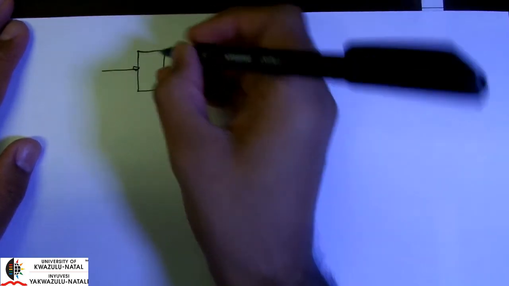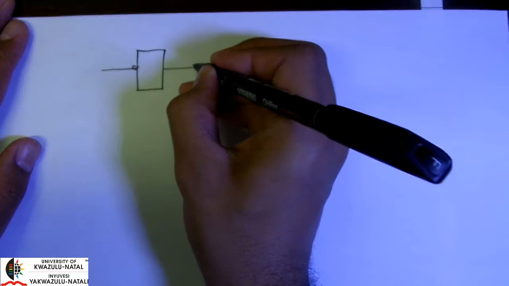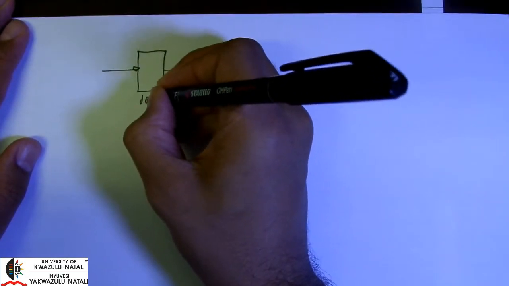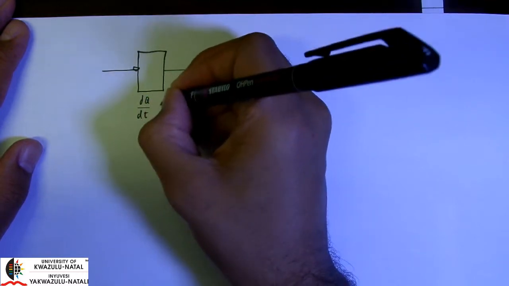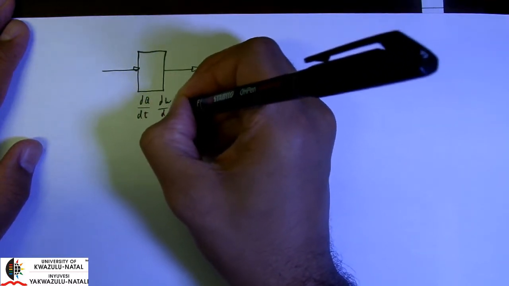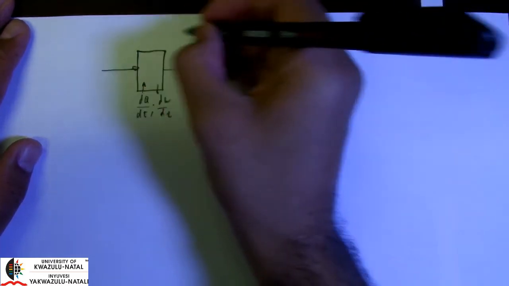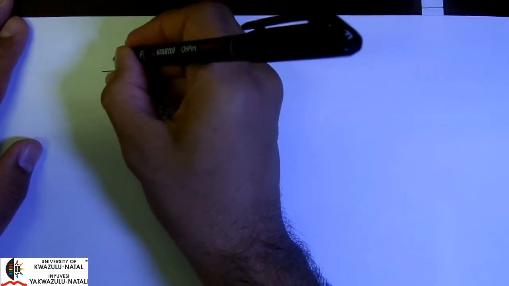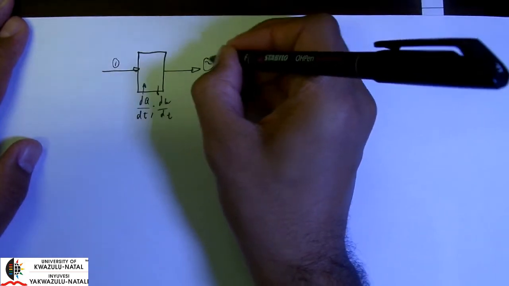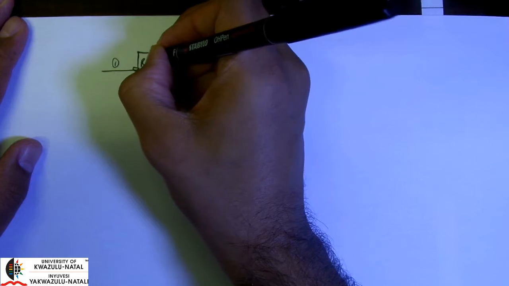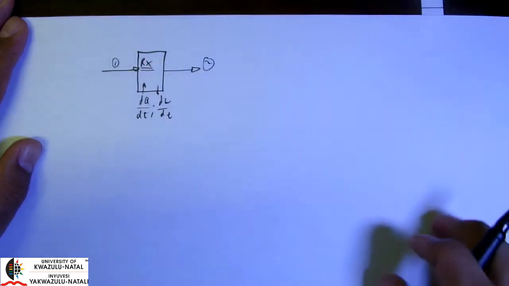This is a single input and single output, and I of course have dQ/dt and dW/dt. I'm going to label this stream 1 and stream 2. So this is my reactor.